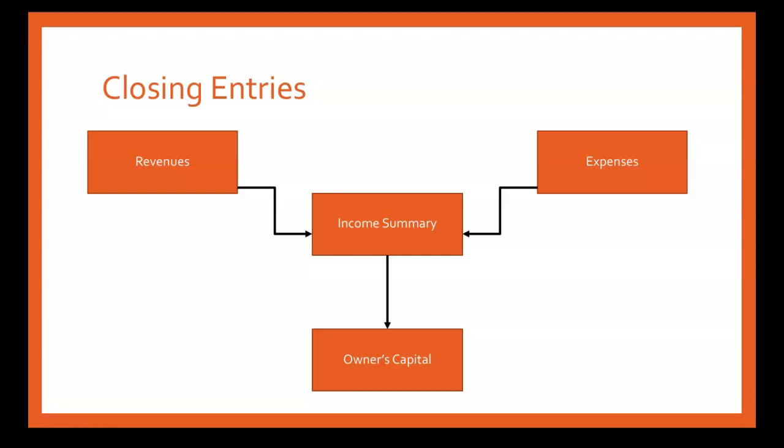Either increasing owner's capital by the amount of your net income or decreasing owner's capital by the amount of your net loss. And then we have a fourth and final closing entry, and that's closing our owner's drawings to owner's capital. So you'll be decreasing your owner's capital by the amount of your owner's drawings balance.